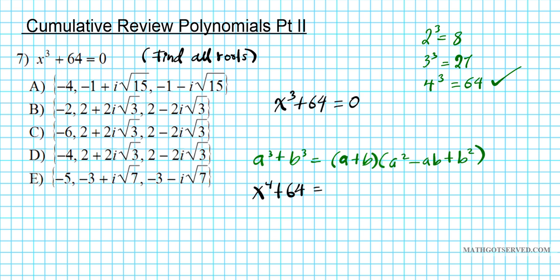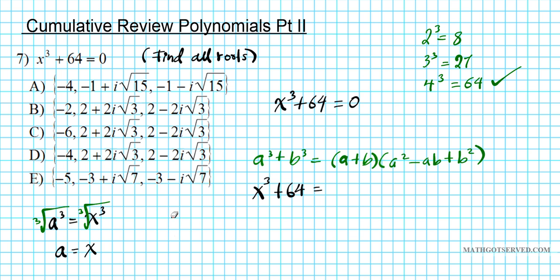So a to the 3rd is equal to x to the 3rd. To get a by itself, we take the cube root of both sides as we did in number 6 of part 1 of this review installment. So we have a equals x.